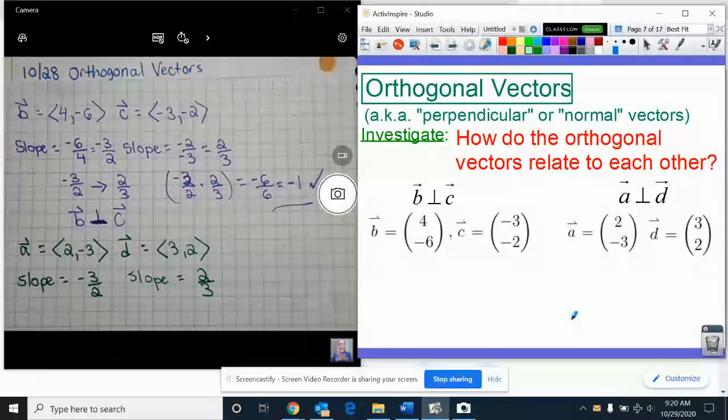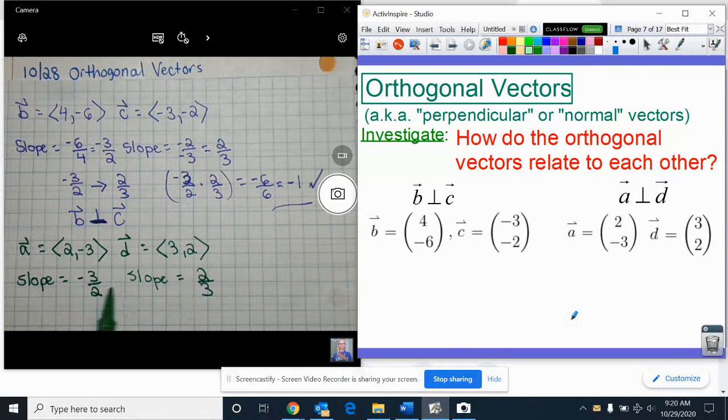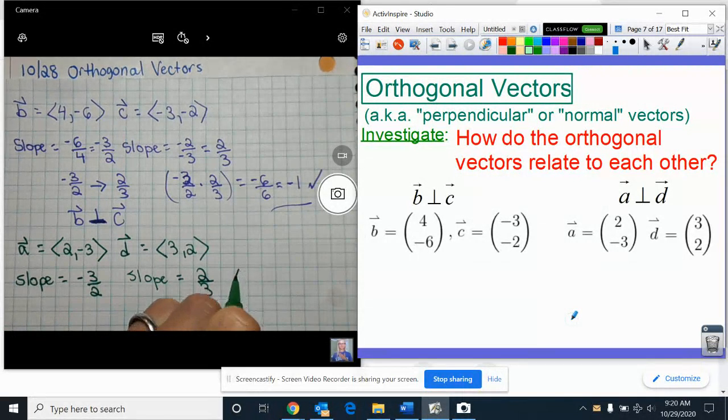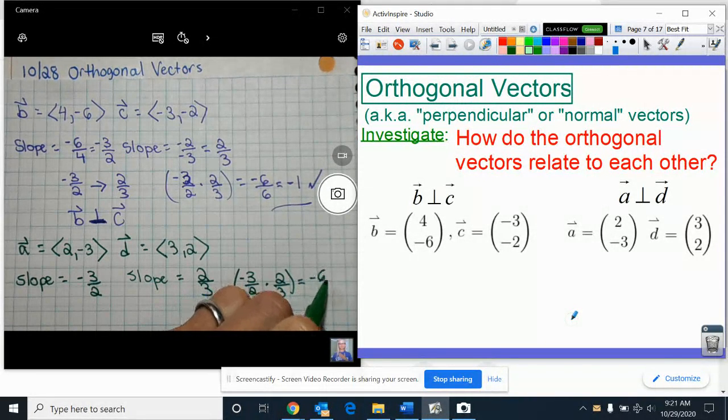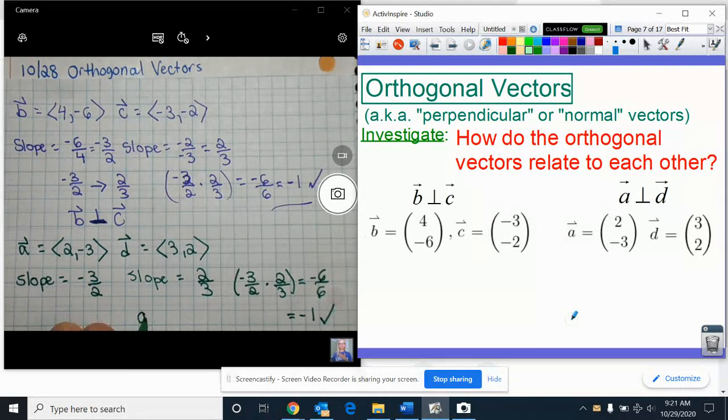And remember, if the product of the slopes is -1, we have proven that they are perpendicular. So then we take -3/2 times 2/3, and we get -6/6 again, which is -1. So this shows that vectors A and D are perpendicular.